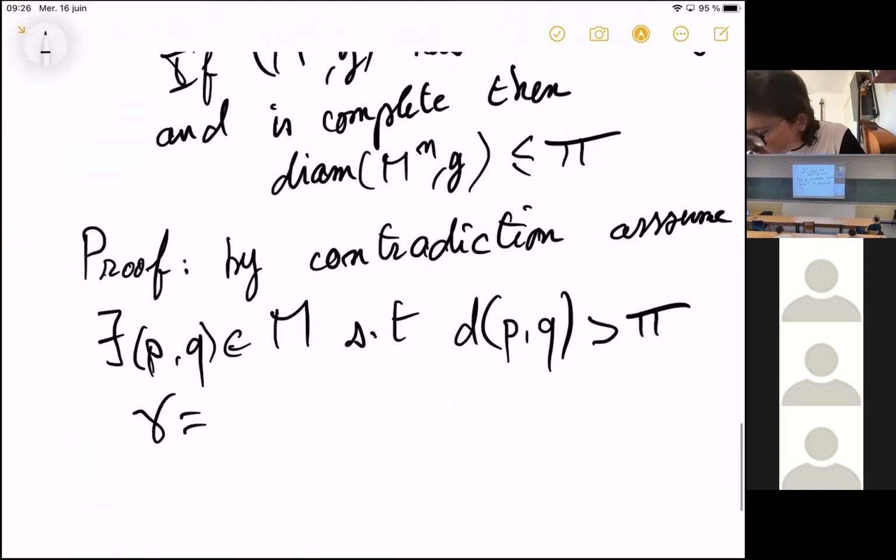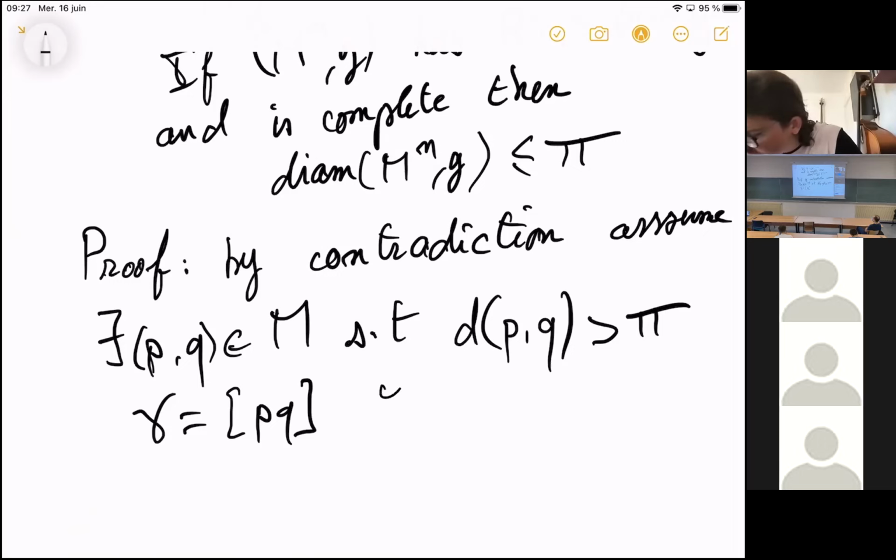So let gamma be a minimizing geodesic between P and Q. If there are multiple, I just pick one.